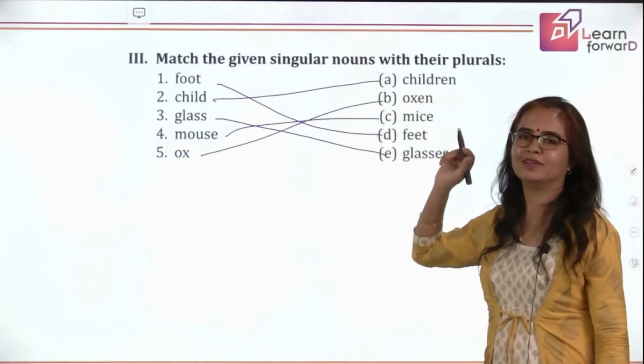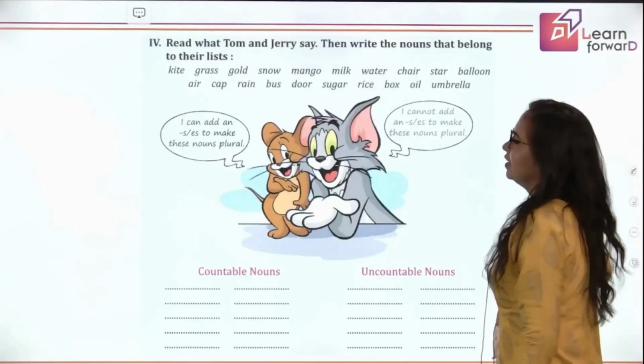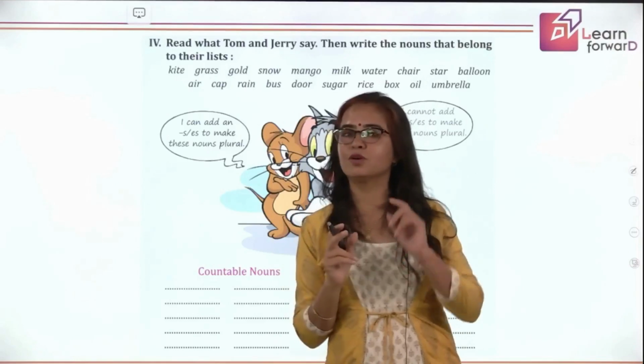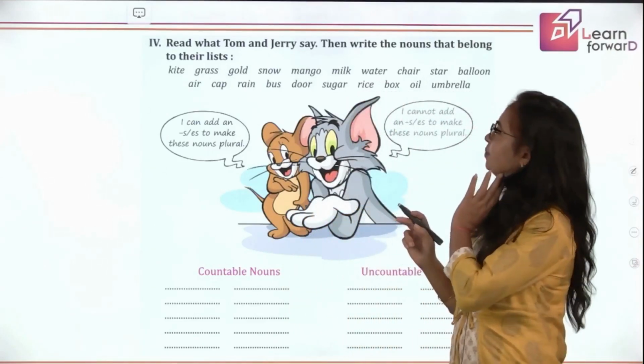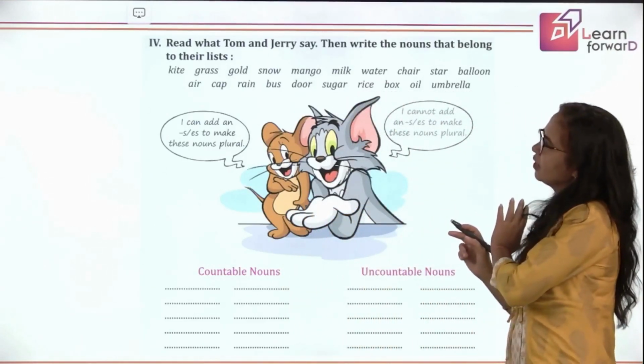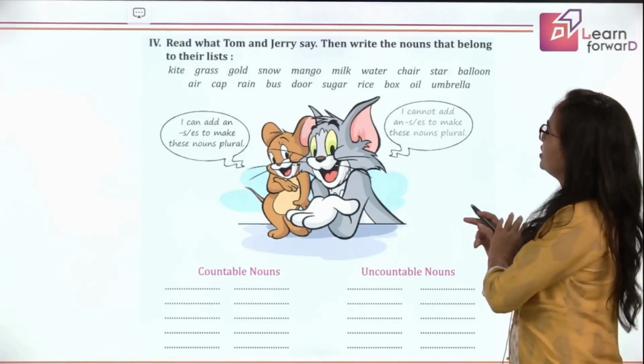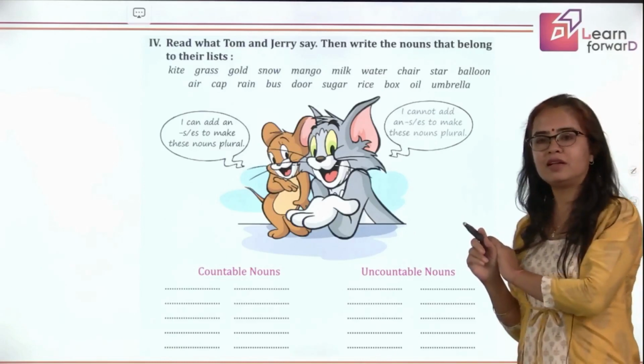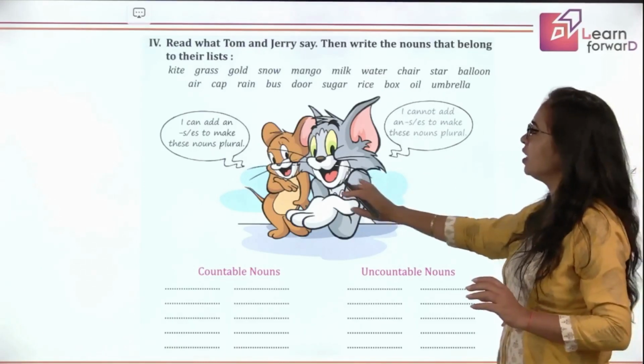Wow. So it seems you have understood singular and plural and all the rules also. That's nice to know. Now what's here? Read what Tom and Jerry say. Then write the nouns that belong to their list. So what do they have to say?